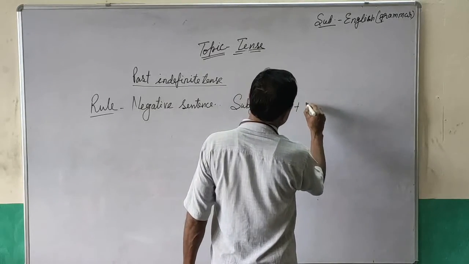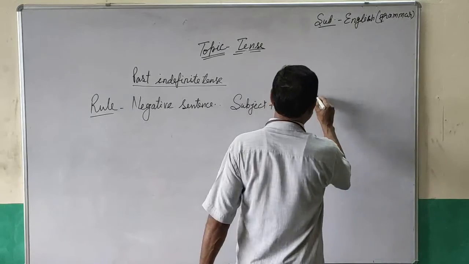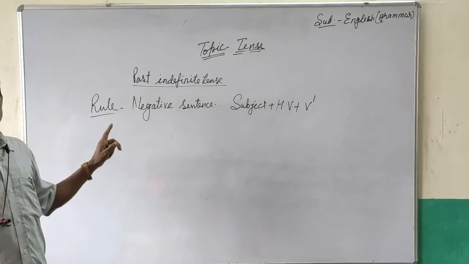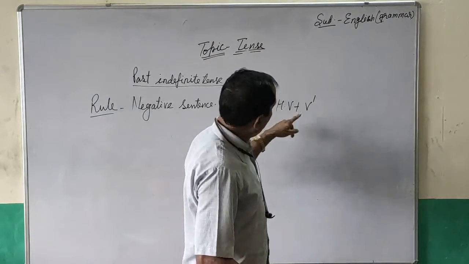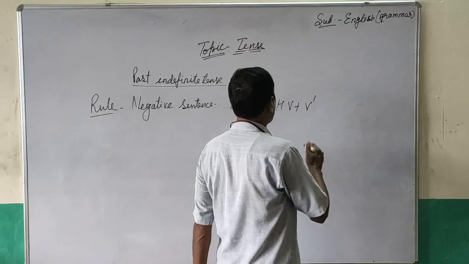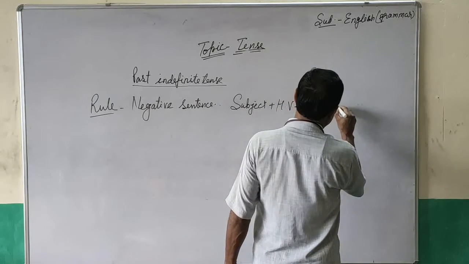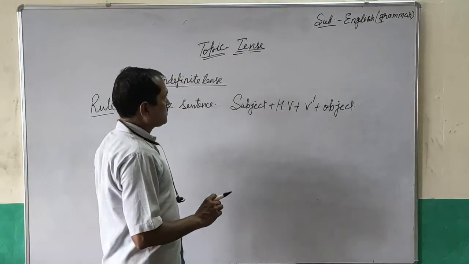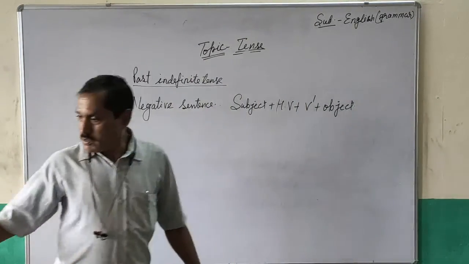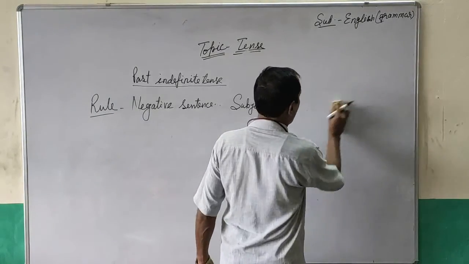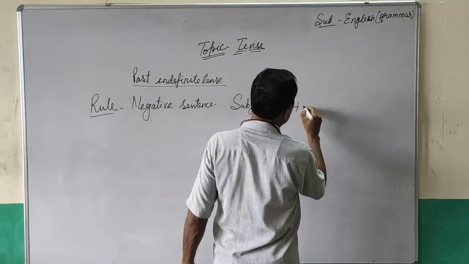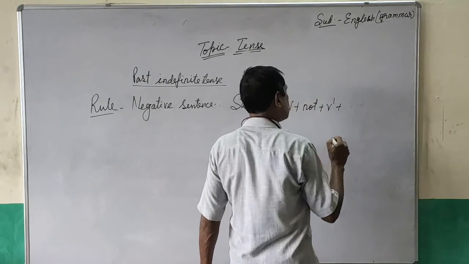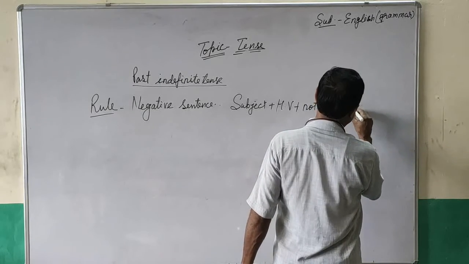Helping verb plus first form of the verb. If we use did in the past indefinite, then we use the main verb first form plus object. Negative: subject plus helping verb plus not plus first form of the verb plus object.